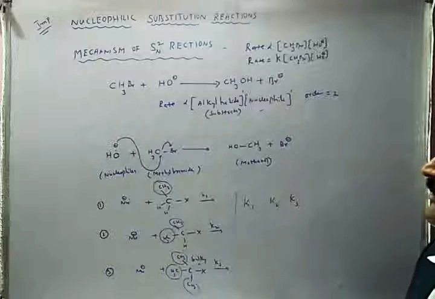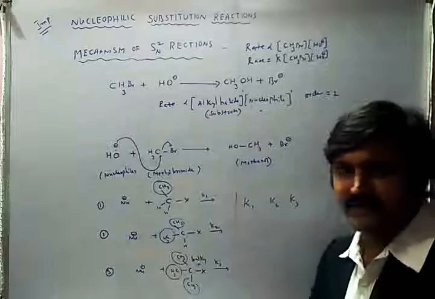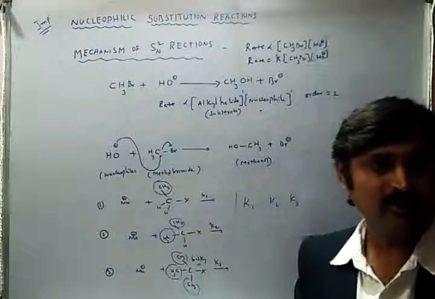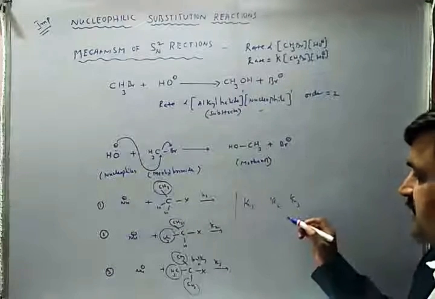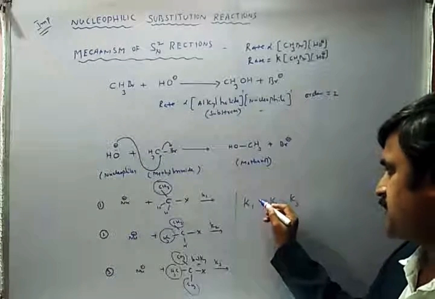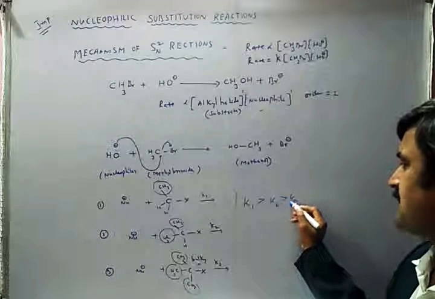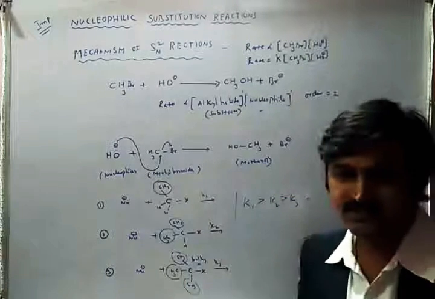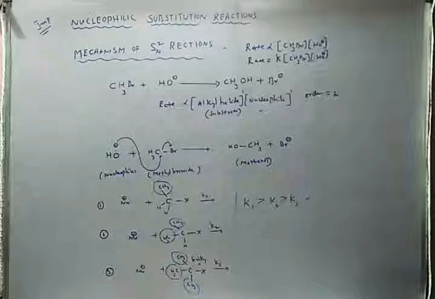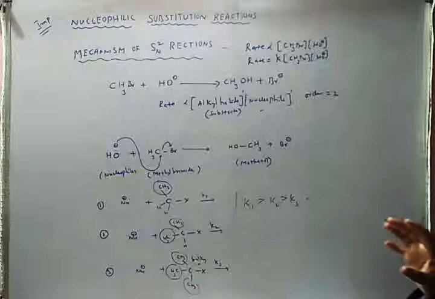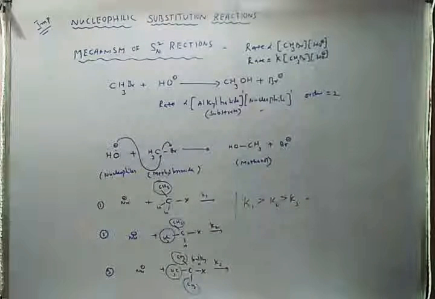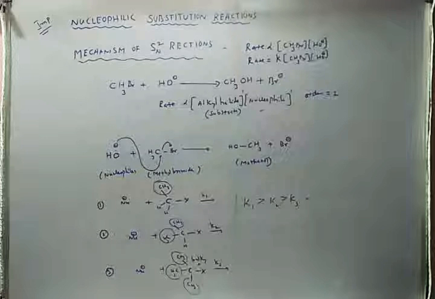As the number of bulky groups on the carbon increases, obviously the rate of reaction decreases. So K1 is greater than K2, greater than K3. We call this some of the steric effects of nucleophilic reactions.